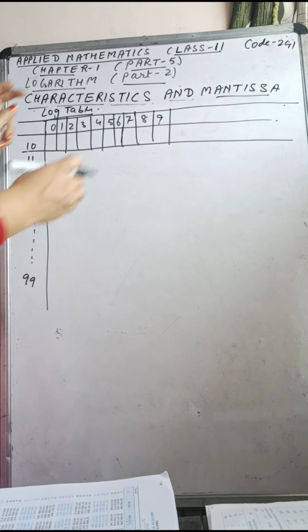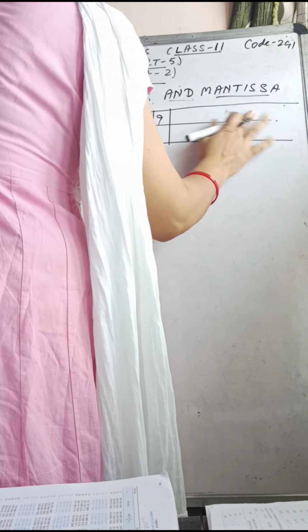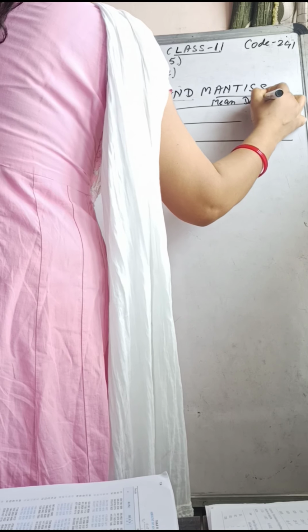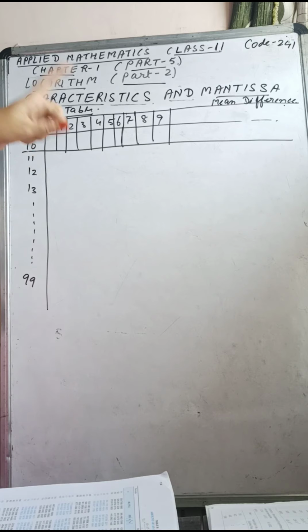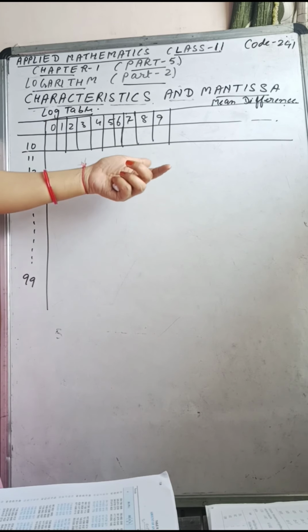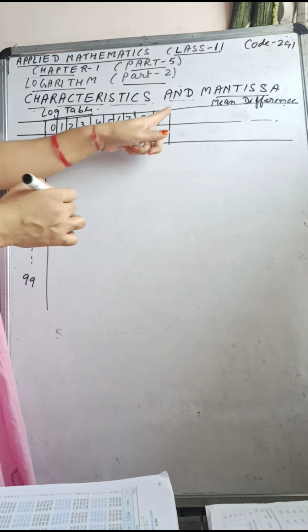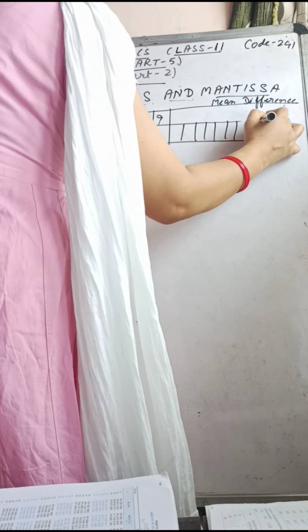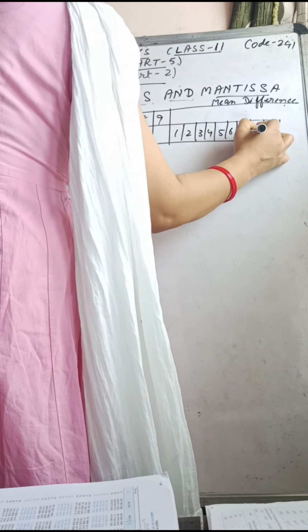Then a gap is there, then the mean difference column starts. The mean difference columns run from 1 to 9. The main columns are 0 to 9 and the mean difference columns are 1 to 9. If you want, you can write it over here, but the mean difference columns are written a step down: 1, 2, 3, 4, 5, 6, 7, 8 and 9.